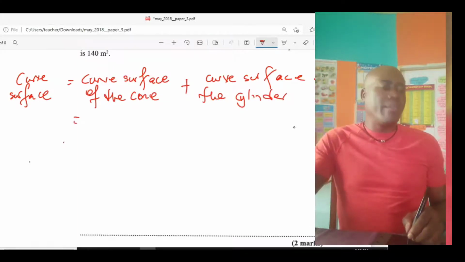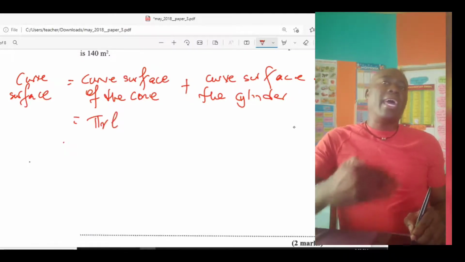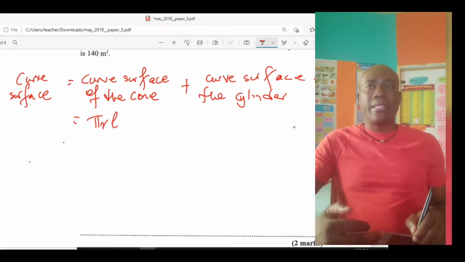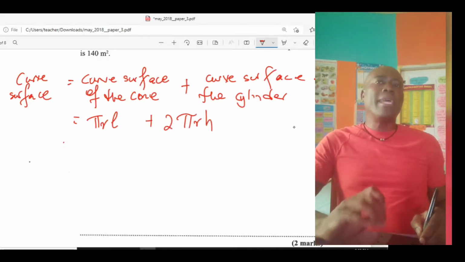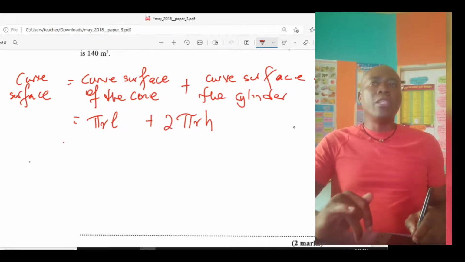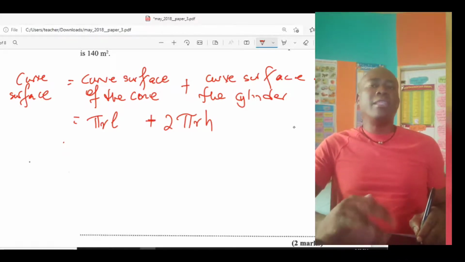The formula that was given up here for the curved surface of the cone was actually pi r L, and L refers to the slant height. And we're going to be adding that to 2 pi r h. So these two will find the curved surface, one for the cone and the other for the cylinder.